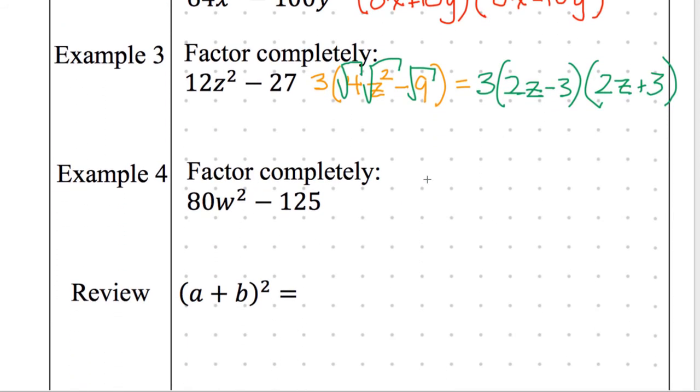All right, Chris, find the greatest common factor. These obviously are not perfect squares because I have an 80 and I have 125. Those are not perfect squares. What is the greatest common factor of 80w squared and negative 125? What goes into both of those, Chris? What do you see?